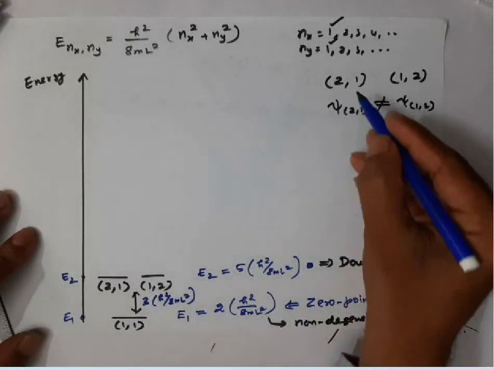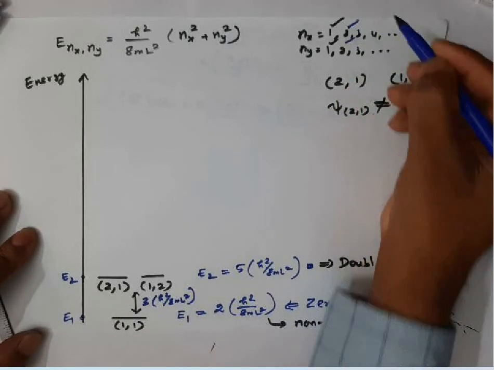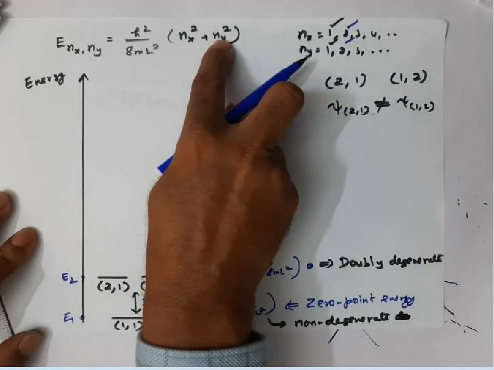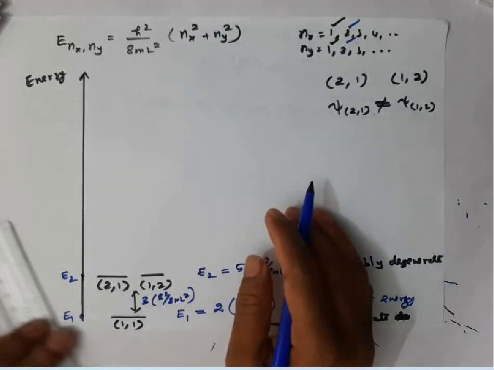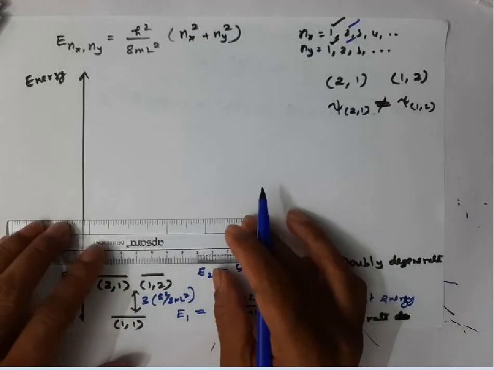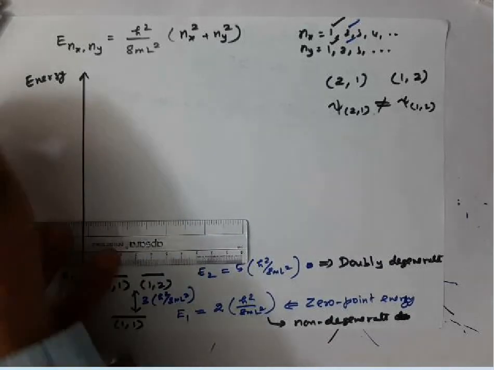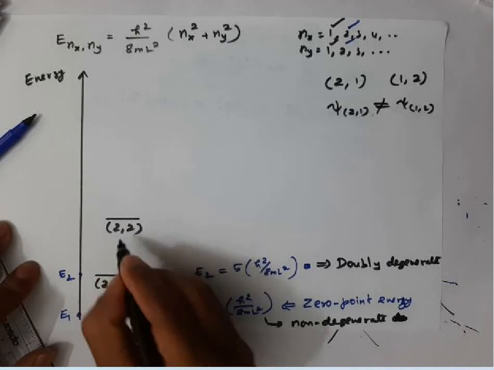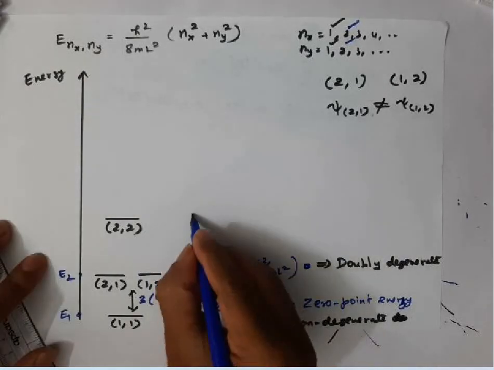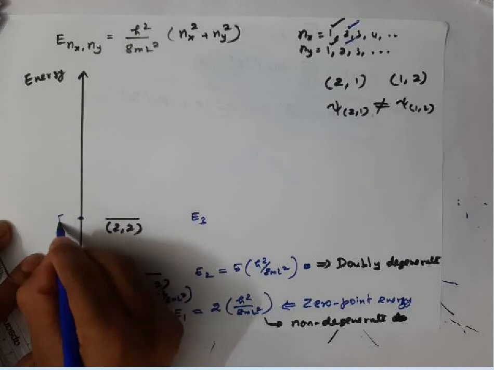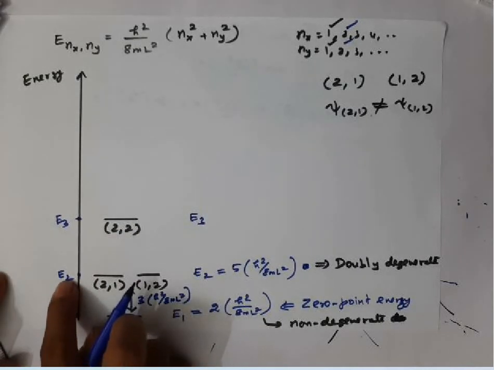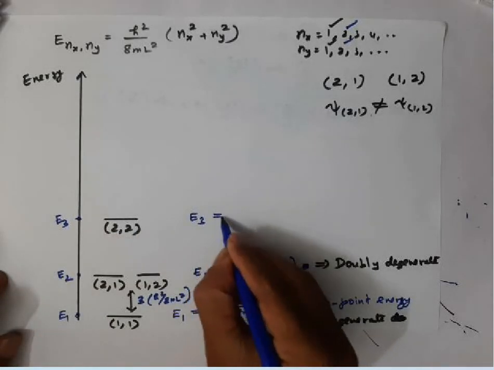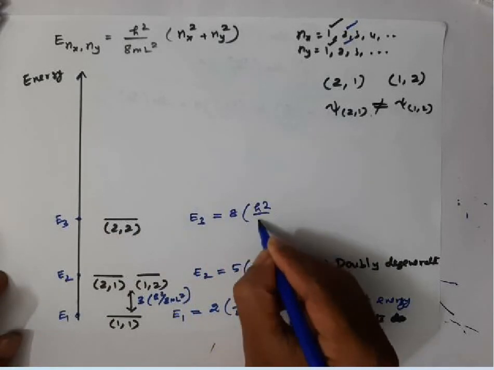For the next level, we have to increase the quantum number again. So now you put 2, 2. If you put both quantum numbers 2 and 2, 2 square is 4, 2 square is 4, so you'll get 8. The next state is the 2, 2 state, for which the energy is 8 times h square by 8ml square.